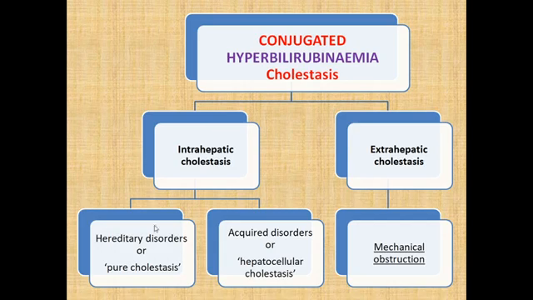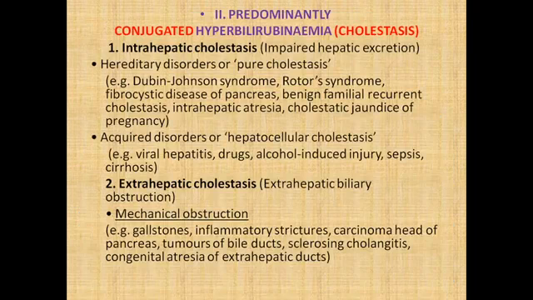What are the causes of intrahepatic cholestasis? Either in the form of hereditary disorder or pure cholestasis, or some acquired disorders just like hepatocellular causes. And extrahepatic cholestasis means that some mechanical obstruction is there. We will discuss in detail. So these are the causes of conjugated hyperbilirubinemia and intrahepatic cholestasis.